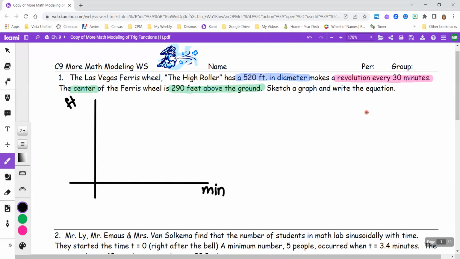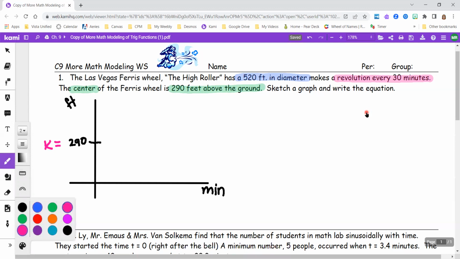Now we know the highest it goes. Well, we don't know the highest. What we do know is that 290 is the center of our Ferris wheel, and that's going to be our K, our vertical shift.